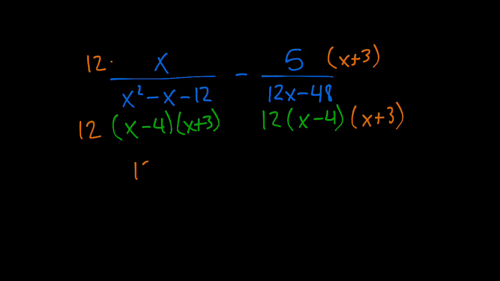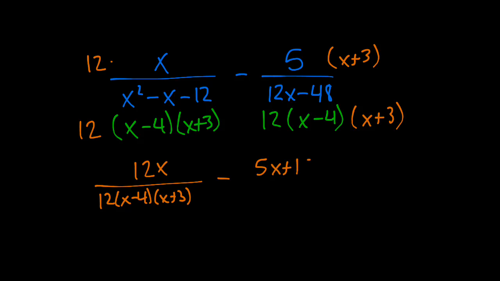So that would give us 12x over 12 times x minus 4 times x plus 3, minus 5x plus 15 over 12 times x minus 4 times x plus 3. Our denominators match, so we're good to do the subtraction, and we just need to make sure that we're careful here.